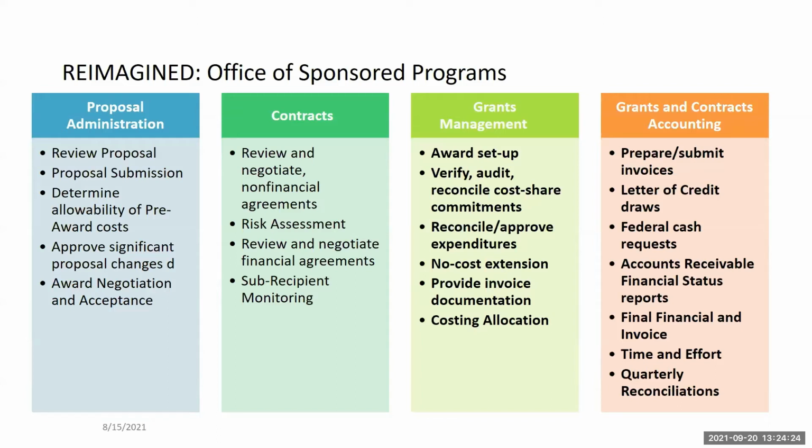Within proposal administration, you would continue to have the same reliable service with reviewing proposals and proposal submission. Among some of their capabilities and services is to determine the allowability of pre-award costs.